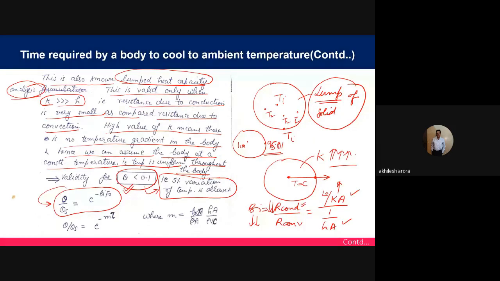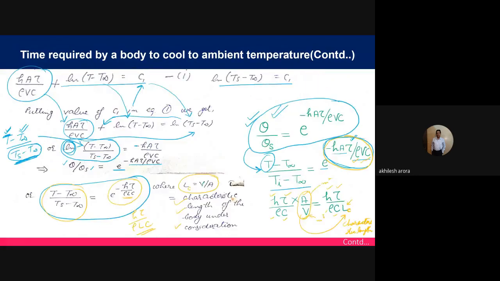So once again, when the Biot number is less than 0.1, the variation in temperature within the solid body is less than 5%, and only in that condition can we apply lumped heat capacity analysis. Lumped heat capacity analysis is used for calculating the variation of the temperature of the body with respect to time, and this is the equation to be used.